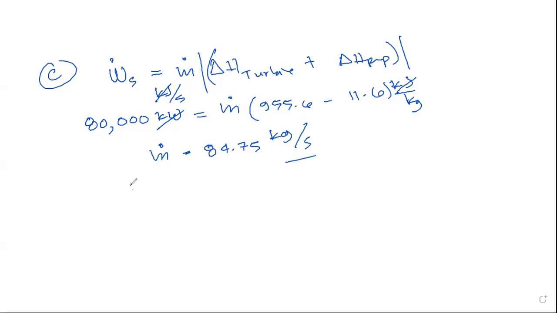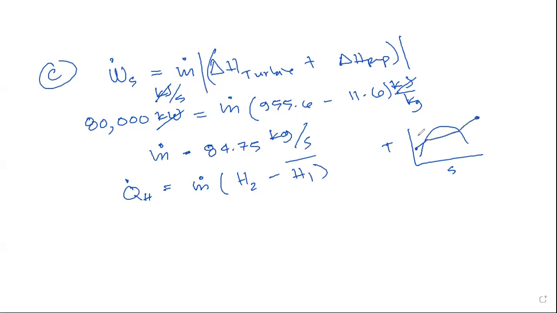For the heating duty, QH dot is M dot times H2, the final state, minus H1. This is the S, this is the T. It starts here. This is 1, this is 2. So QH dot is M dot times H2 minus H1. Substitute 84.75 kilograms per second.